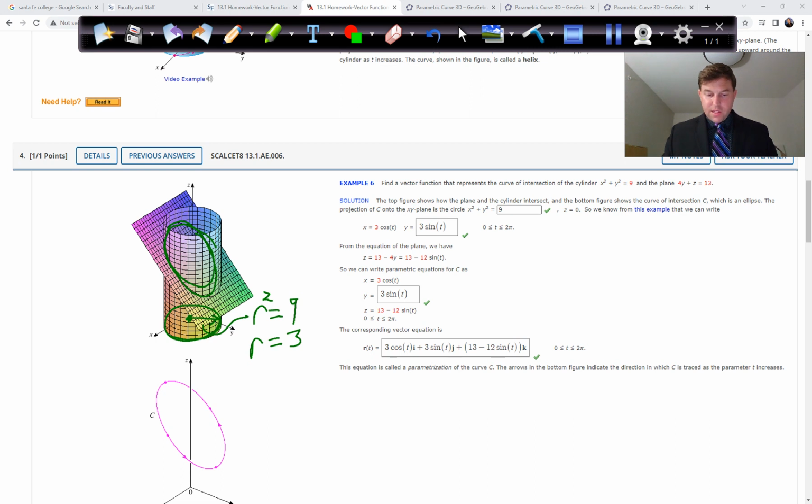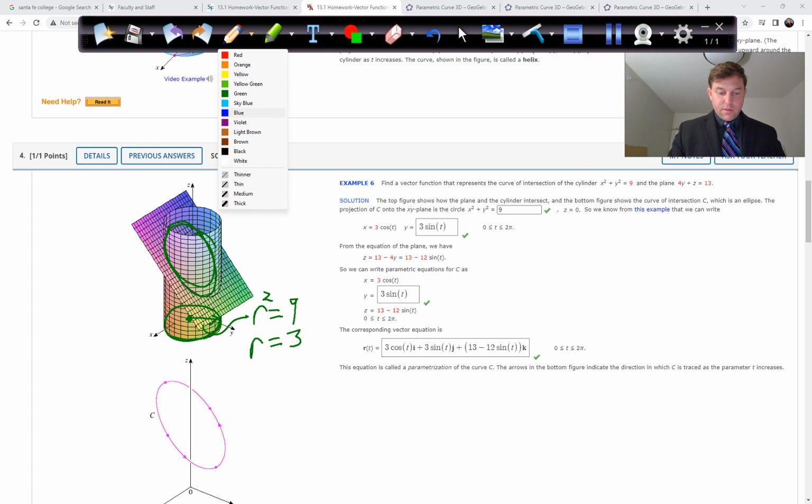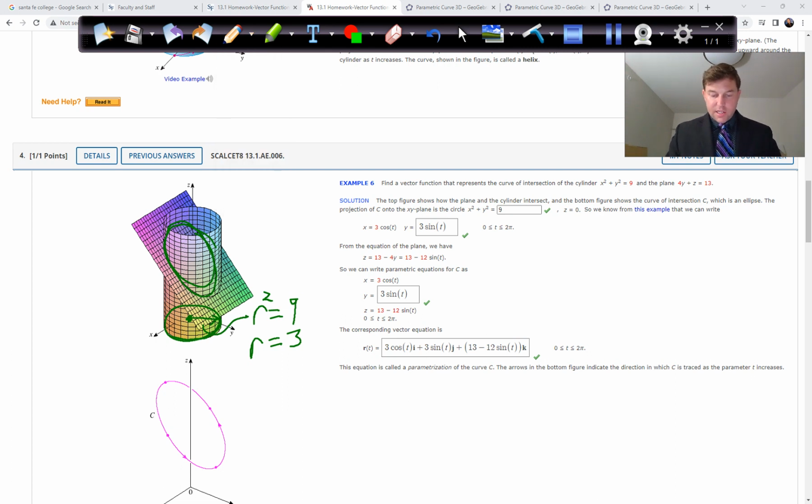So we just saw in the previous example, if we change x to 3 cosine t and y to 3 sine t, when we square those, we're going to get 9 cosine squared t plus 3 squared, which is 9 sine squared t.